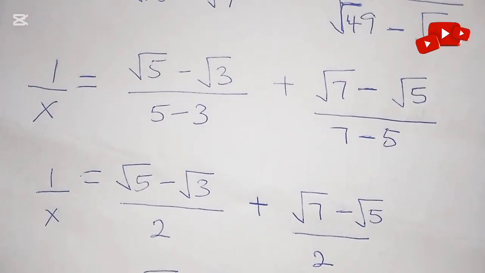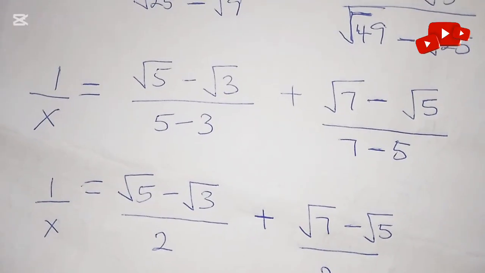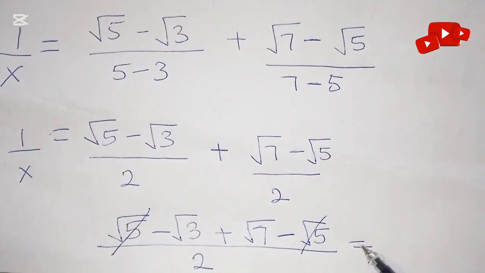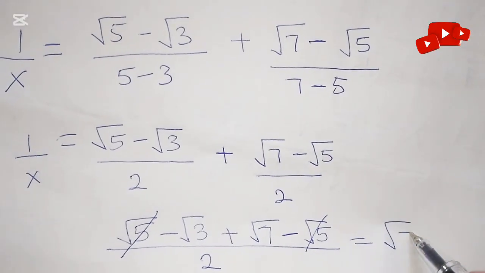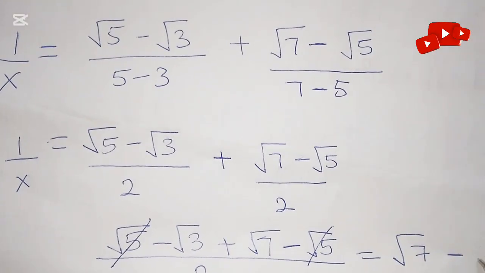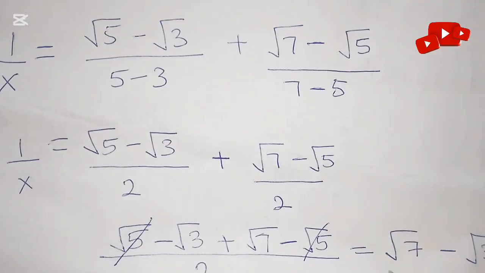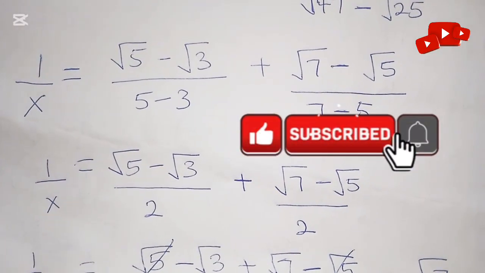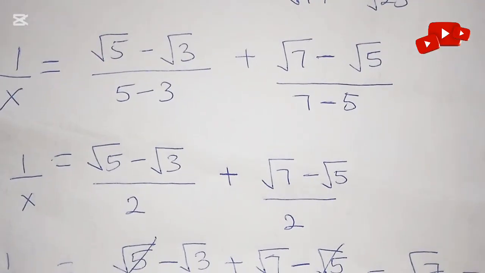So this strikes out, so we have root 7 minus root 3 all over 2. But that's not the answer yet. We're asked to look for the value of x.